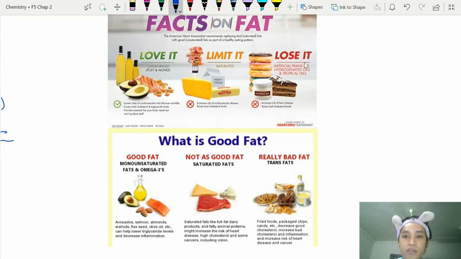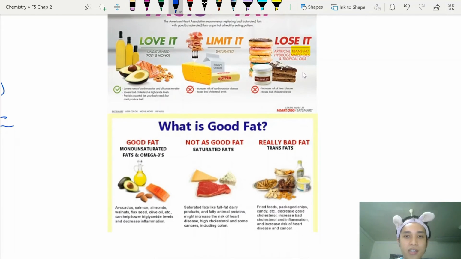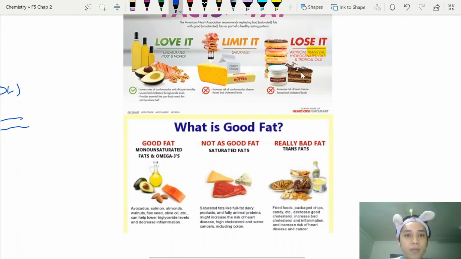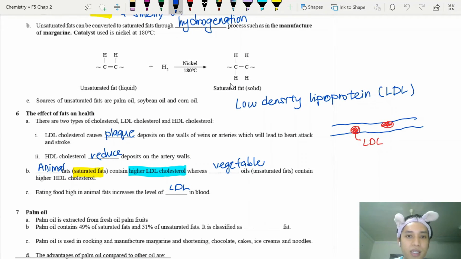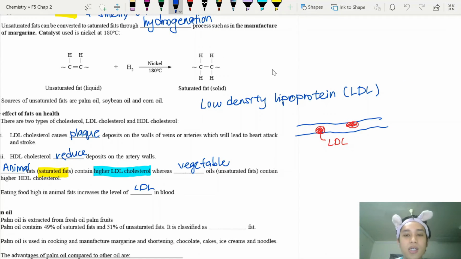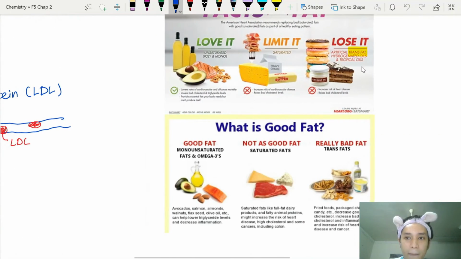Trans fat. If you see, there's a word here called trans fat. Basically trans fat is an artificial fat. Why do we say it's artificial fat? If you remember our process just now, when we change the unsaturated fat to saturated fat, what happens in this process is that you are going to produce the trans fat.